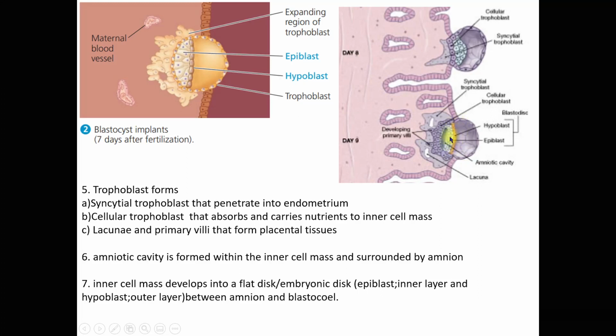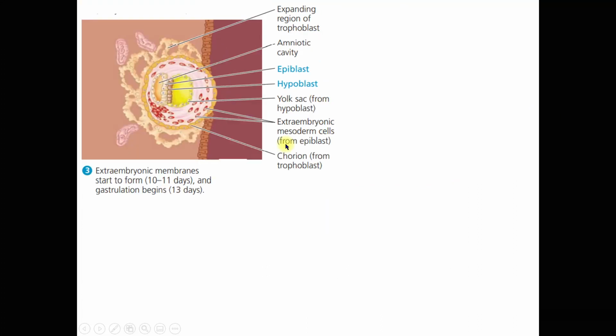So inner layer, epi means in, hypo means outer. This embryonic disc is also known as flat disc or blastodisc. So we have epiblast and hypoblast.